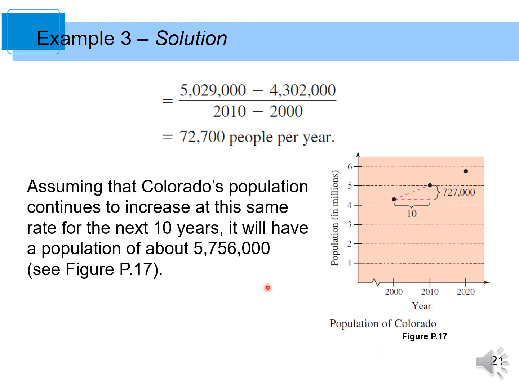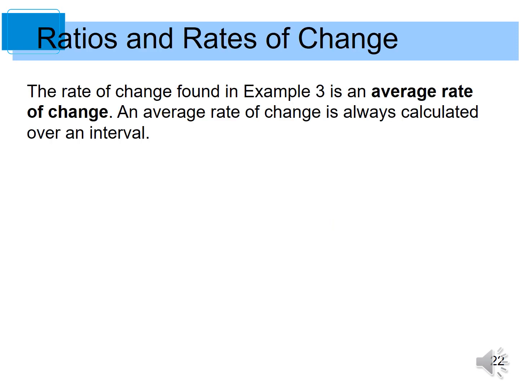For the next question, you can assume that Colorado's population continues to increase at this same rate for the next 10 years. So it will have a population of about 5,756,000. The rate of change found in the previous example is an average rate of change. An average rate of change is always calculated over an interval.